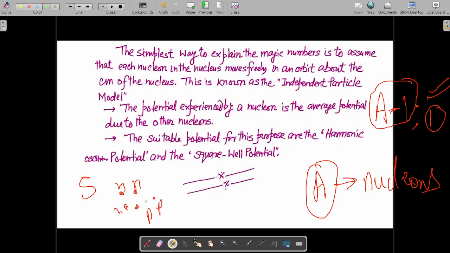If you consider this particular proton, it will be revolving with the help of the field created by the other 4 nucleons. If you consider this particular neutron, it will be revolving with the help of the field created by all the other nucleons.